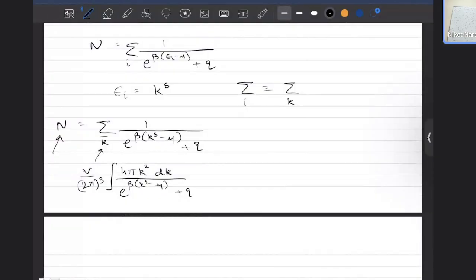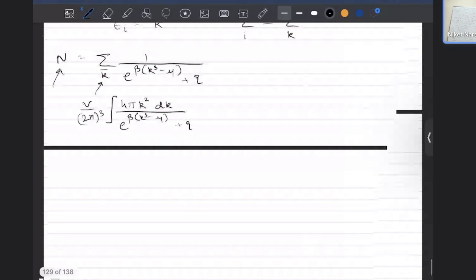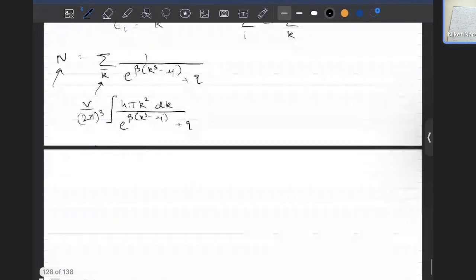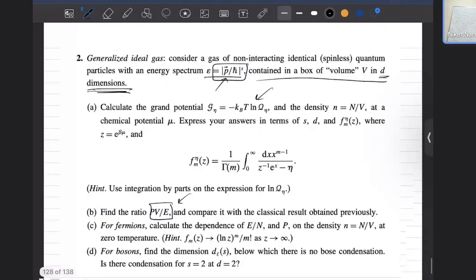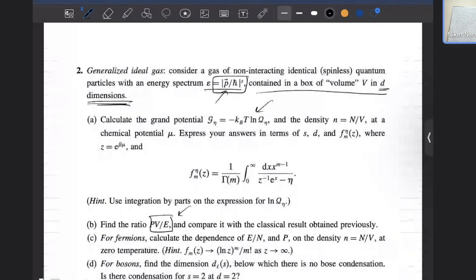Right. So now what further we'll be doing is, firstly, for fermions. By the way, you might get confused that they have spoken about spinless quantum particles, so why aren't we considering them as bosons only?